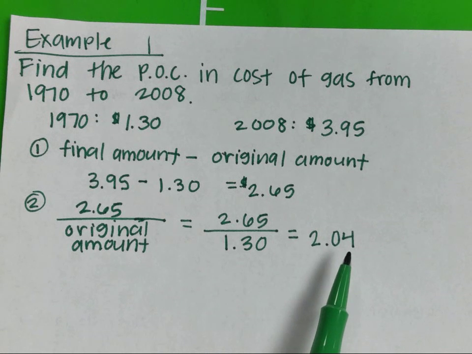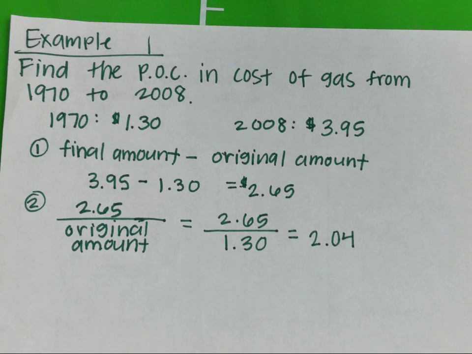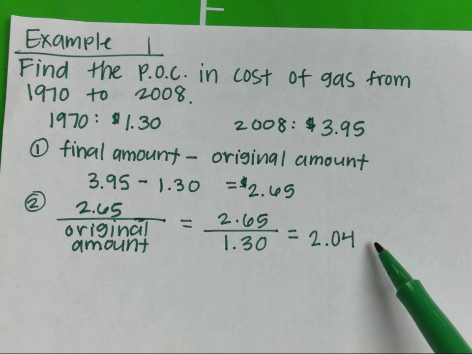But that's not in a percent. That's given to me in a decimal, right? I need to find the actual percent. So does anybody know how to change a decimal into a percent? Faith, do you have your hand raised? Okay, you can move the decimal over 2 spots to the right, or you can simply multiply by 100.